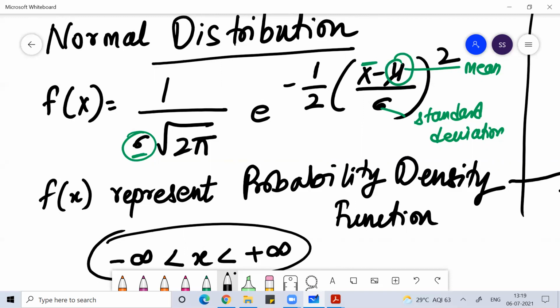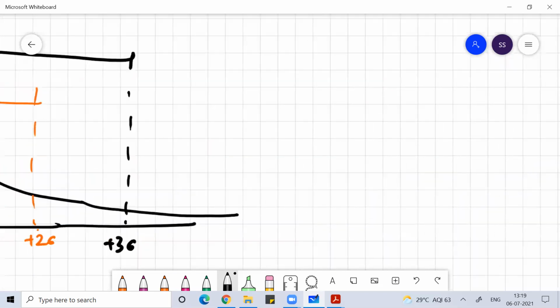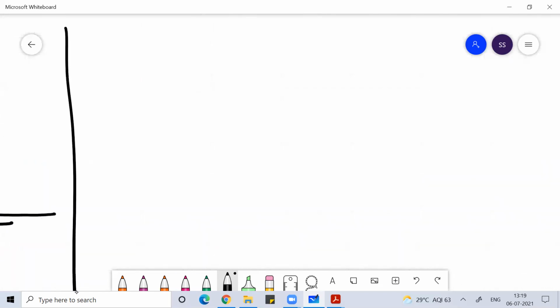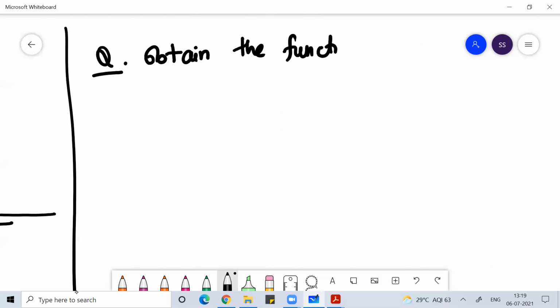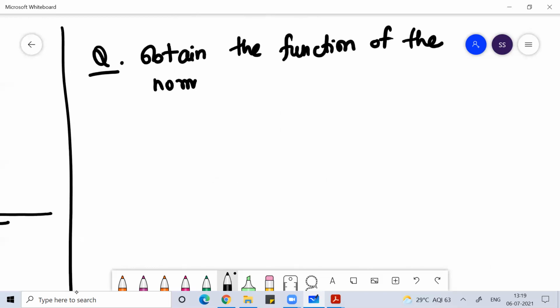Now we'll do one problem to make you understand this. Write down this problem.